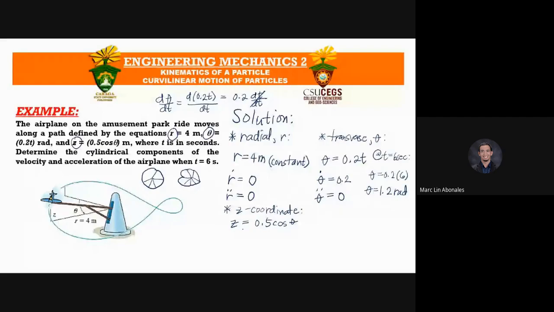Kay with respect to time man nato ang pag-derivative, time derivatives ang tawag ana. So the first derivative, that would be 0.5 sine theta, theta dot. So derivative sa cosine is sine, and derivative sa theta is theta dot.